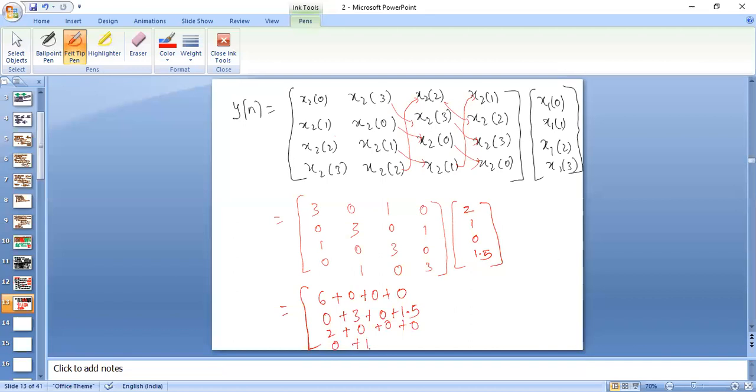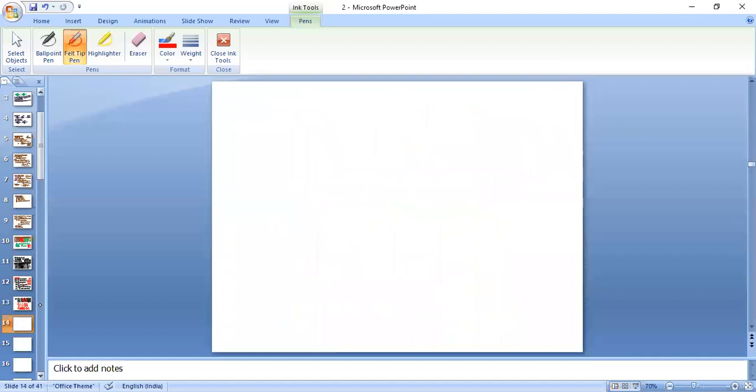Next 0 plus 1 plus 0 plus 4.5. So let us simplify this. If we simplify this, then it is 6, 4.5, 2, 5.5. So let us do another sum using the matrix method.